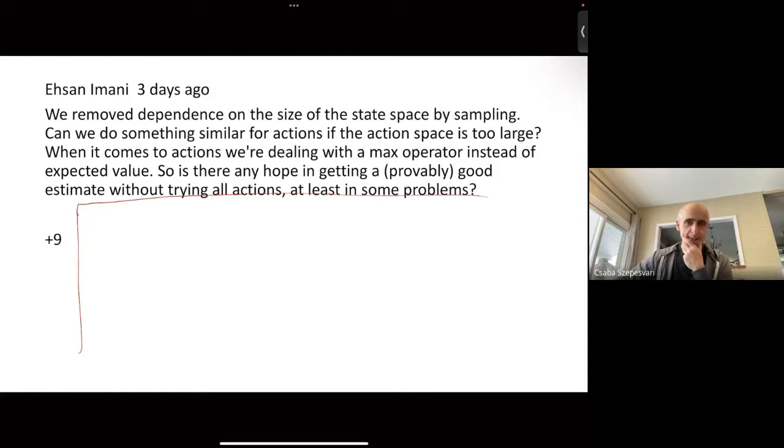The thing that comes to mind right away is the most useful exercise of all that you were doing in homework 0, which is the needle in a haystack problem. That immediately shows that you can't really do anything about the actions unless you have some extra structure.